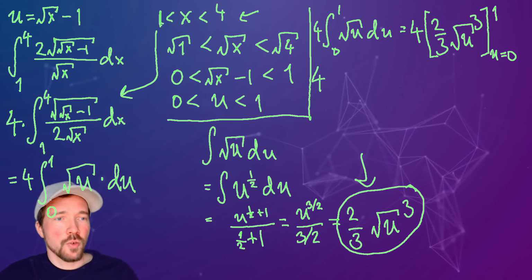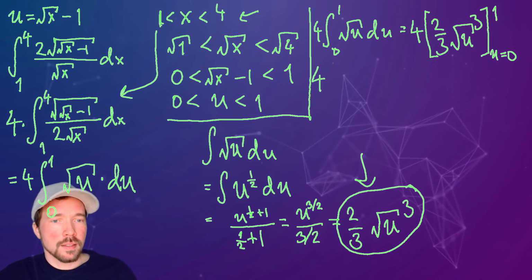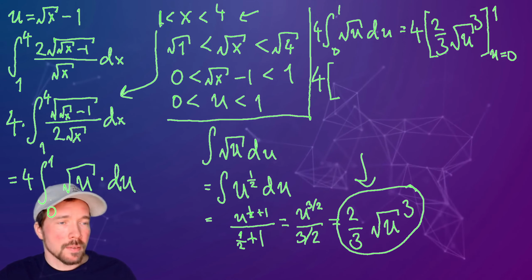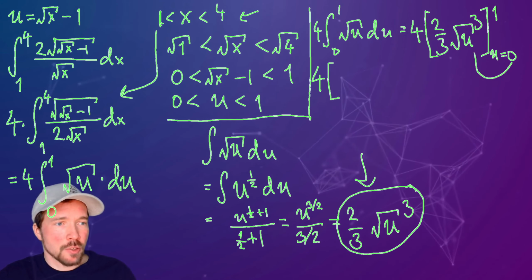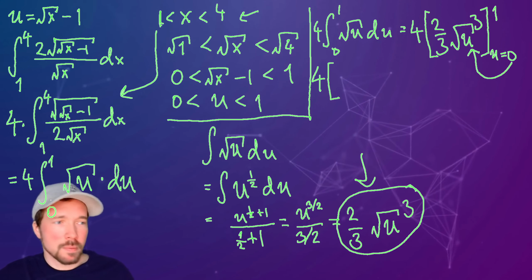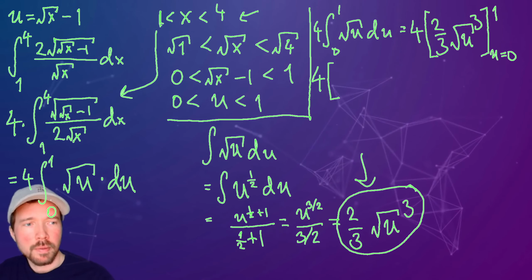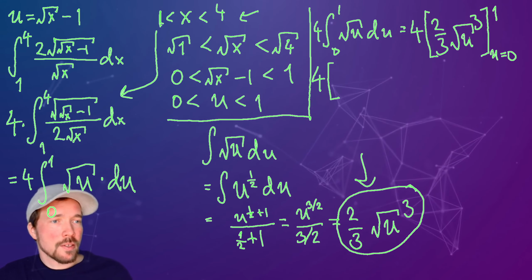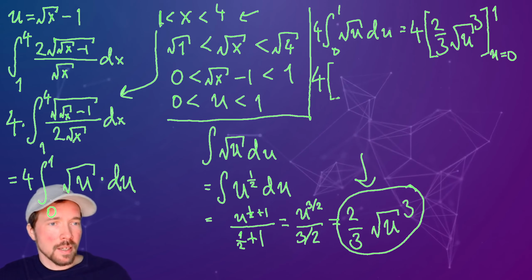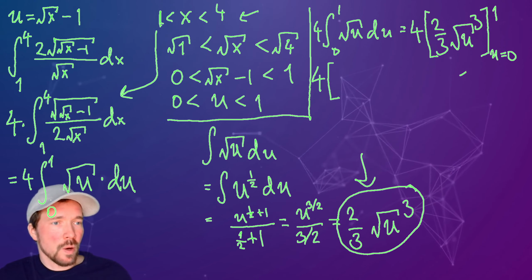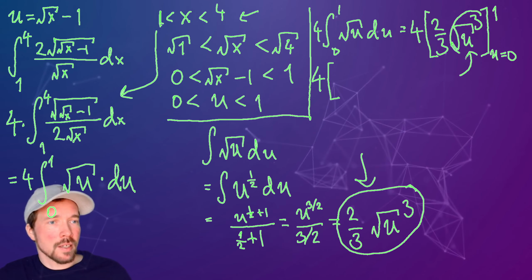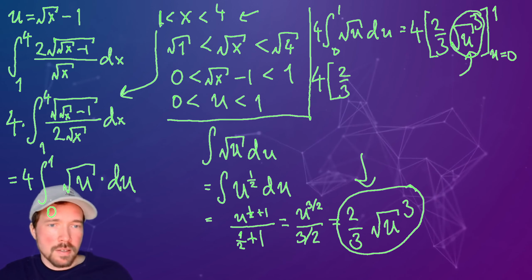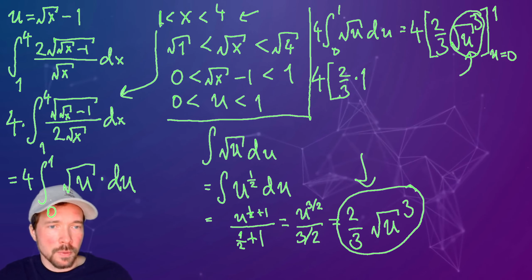So 4 times, and we realize immediately that when we put in 0, it will be just 0, so we don't have to care about the other bound because it's just 0. And so we only put in 1 in there, and that's going to be the answer. When we put 1 in there, this entire thing is going to be 1, so this is just this times 1, if you will.